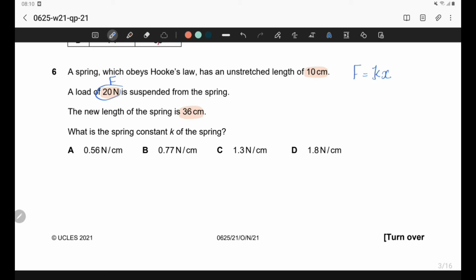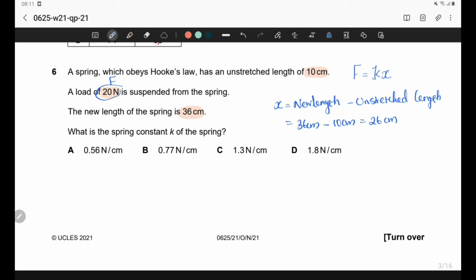So we can find out the extension, that is the new length of the spring minus the unstretched length. The new length is 36 centimeter minus the unstretched length of 10 centimeter. So we will get 26 centimeter as the extension of the spring.